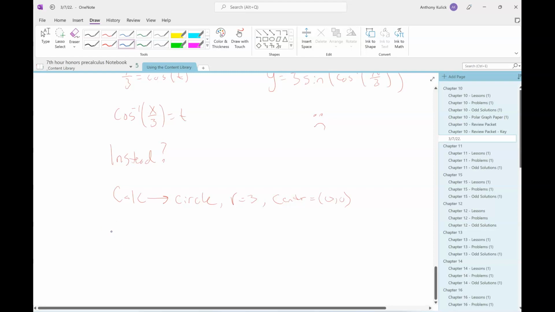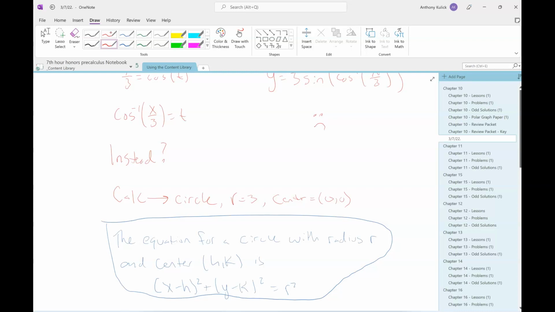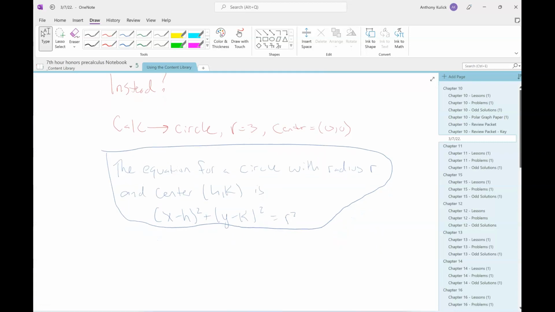Again, not an unreasonable request for students at this level. So the equation for a circle with radius r and center (h, k) is (x minus h) squared plus (y minus k) squared is equal to r squared.